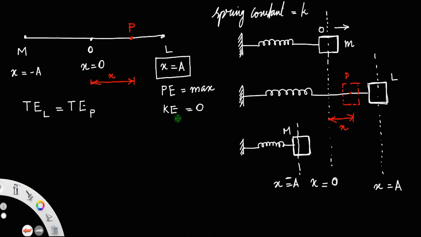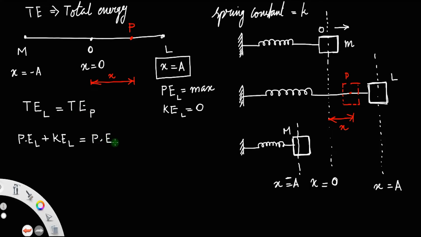Clear? So total energy at L, where TE stands for total energy, will be potential energy at L plus kinetic energy at L, which is equal to the total energy at P, that is potential energy at P plus kinetic energy at P. Clear?